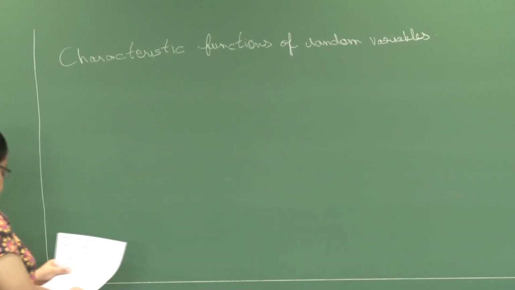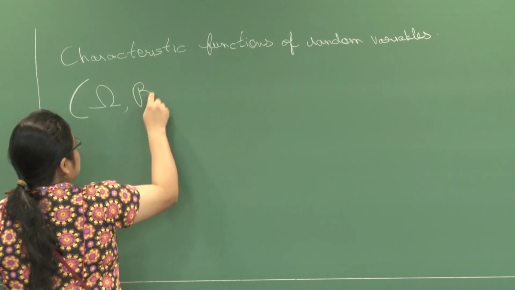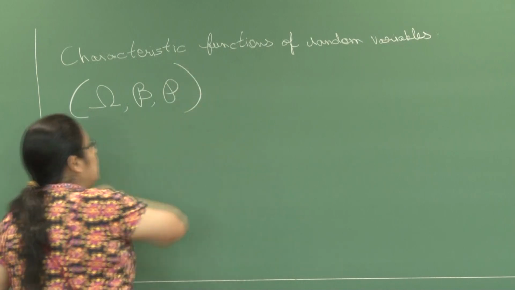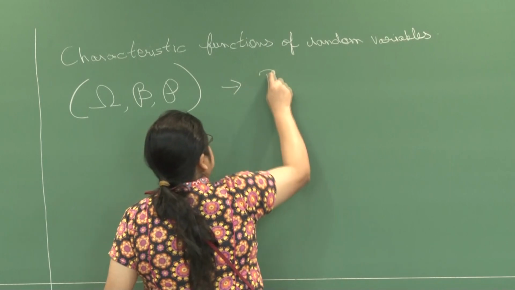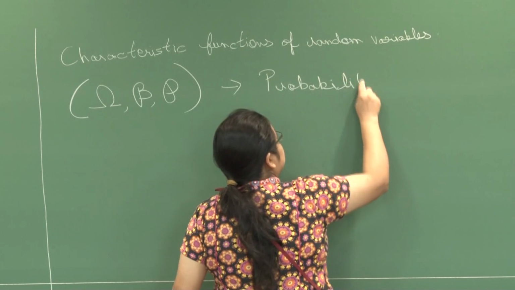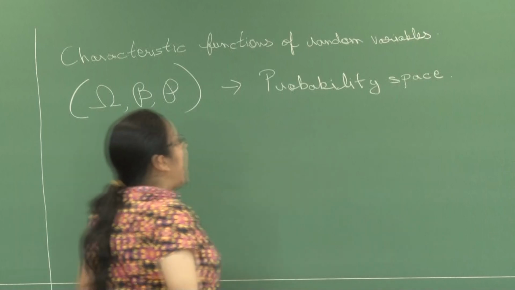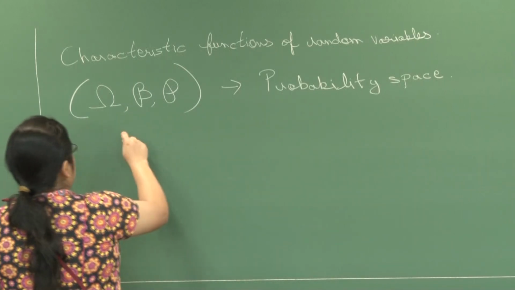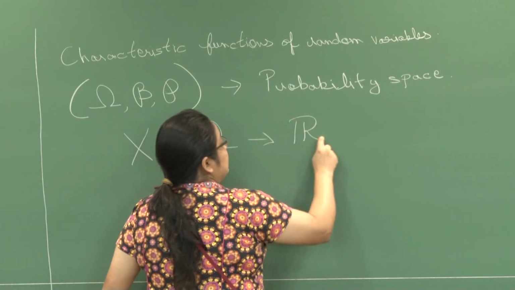So here is the situation. We've got a probability space omega, a sigma algebra on omega, and a probability measure. And let X be a random variable on the space, and let us take real valued random variables.